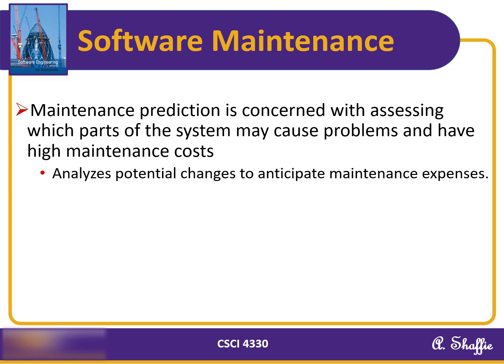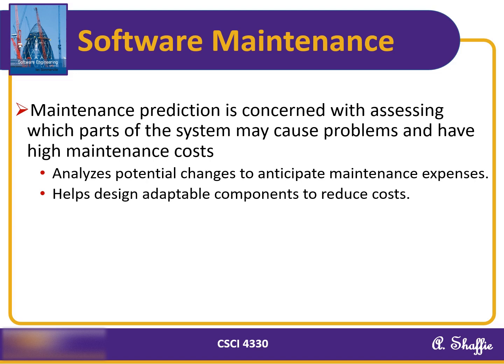This process involves looking ahead and assessing the potential impact of changes on the system. By doing this, we can design components that are more adaptable and less costly to maintain. Anticipating changes also helps us estimate long-term maintenance and set realistic budgets for ongoing system updates.